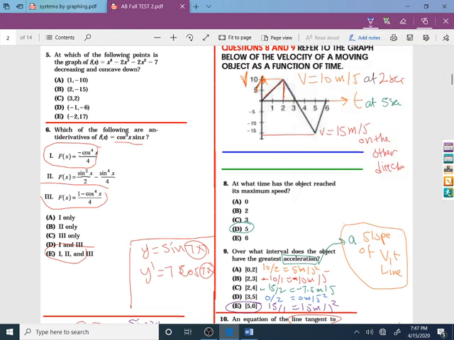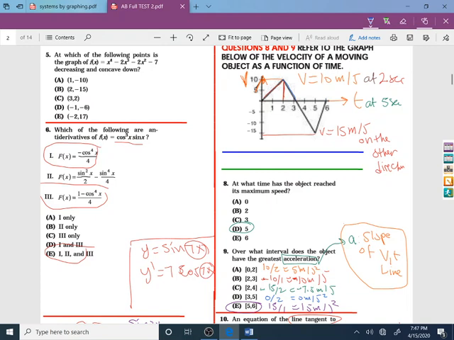Okay, then from 0 to 2 we have 5, right? From 2 to 3 we have 10, the same thing over 1, but with a negative slope.